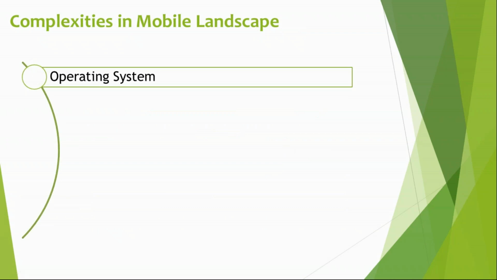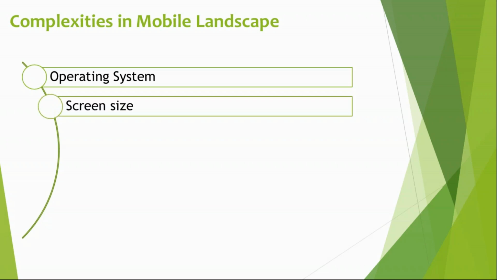So then, what are the complexities in the mobile landscape? So as I told, operating system. Mobile has a lot of operating systems like Android, iOS, Windows, BlackBerry, Firefox, Symbian, like this, and different screen sizes.